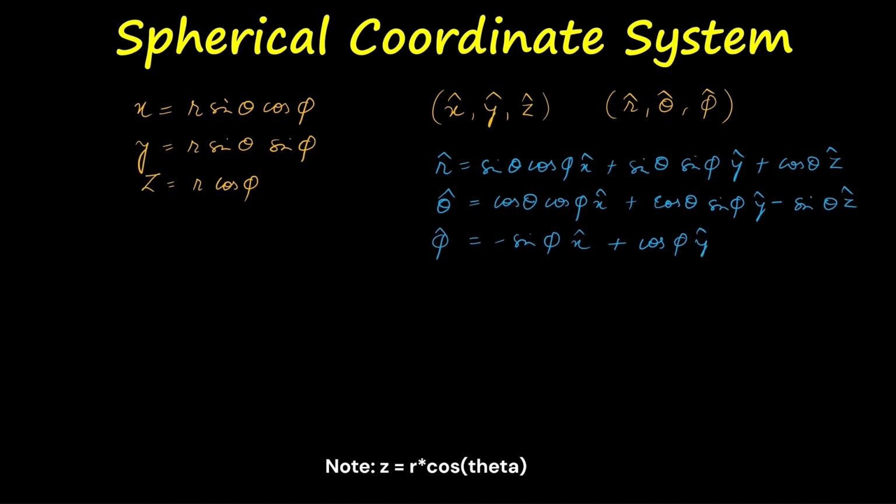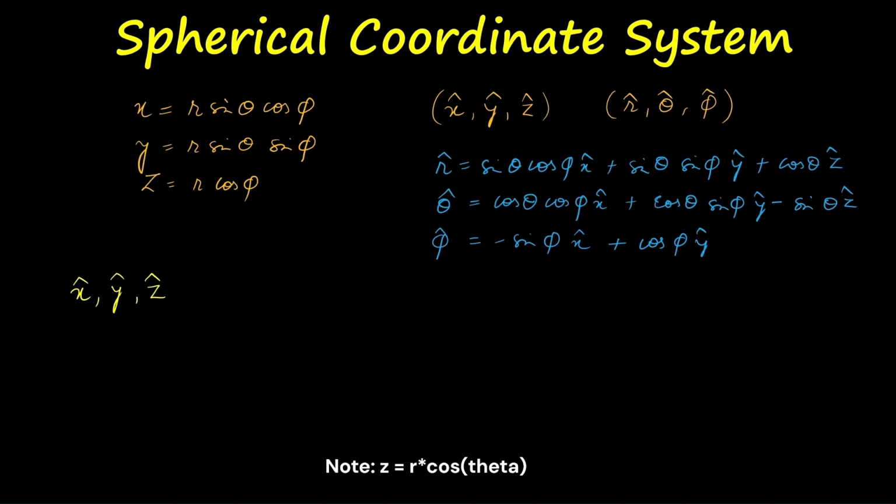So this is a relation. Now I am writing this relation because I just wanted to point out something. In Cartesian coordinate system, x cap, y cap and z cap, they are independent.